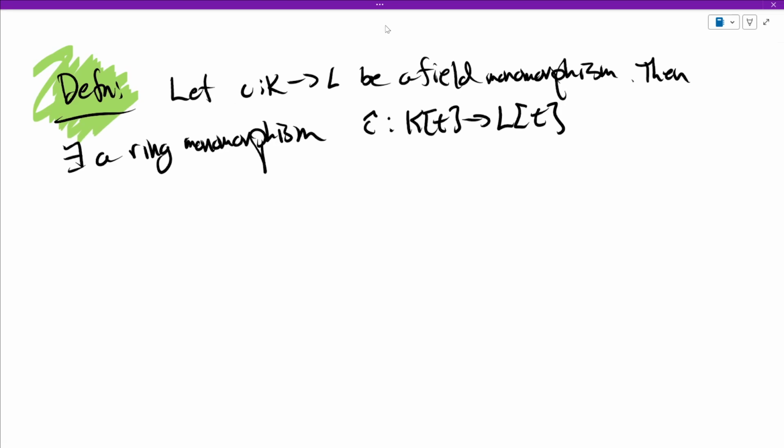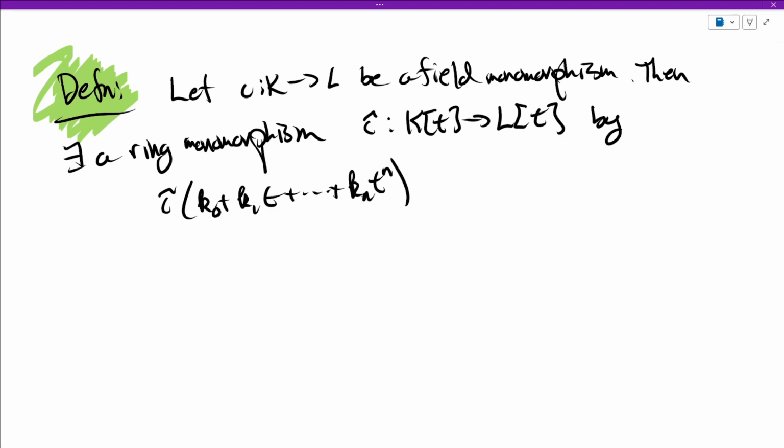And we do this in a very simple way. Iota hat of a polynomial over K, what should that be? Well, iota knows what to do with the coefficients, right? Because iota says, hey, I can take K coefficients and I can turn them into L coefficients.